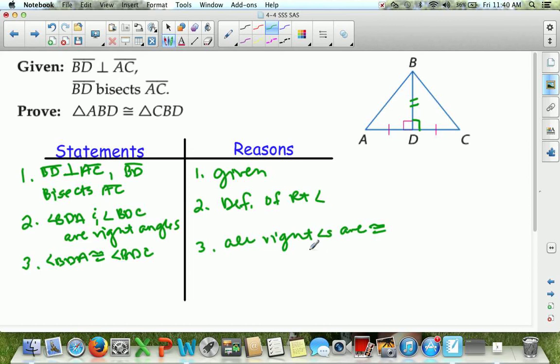Now let's talk about BD. BD is congruent to BD because of the reflexive property.